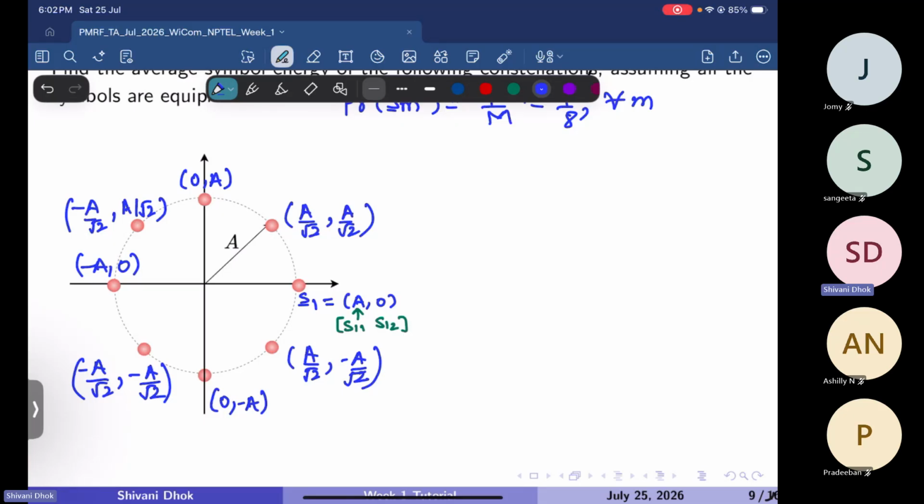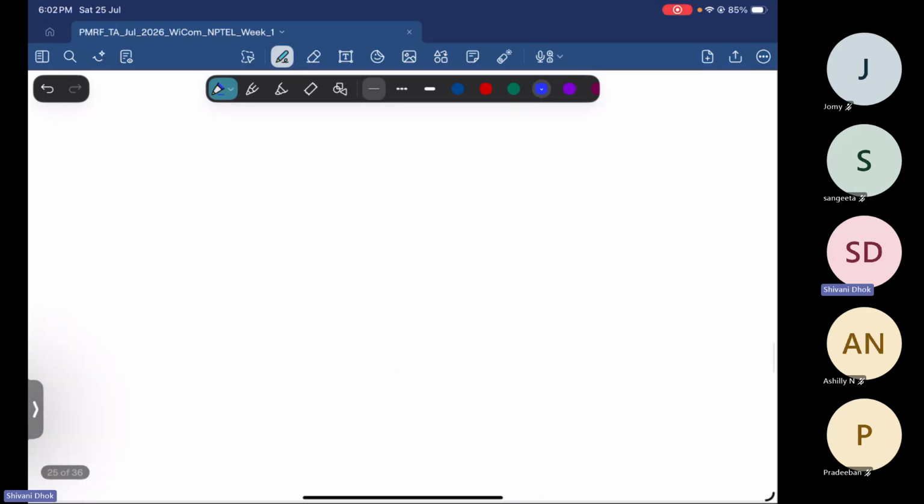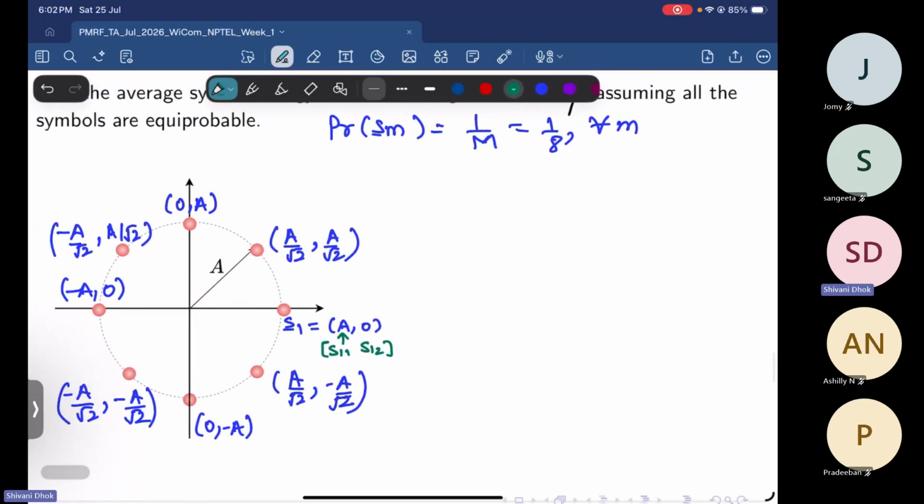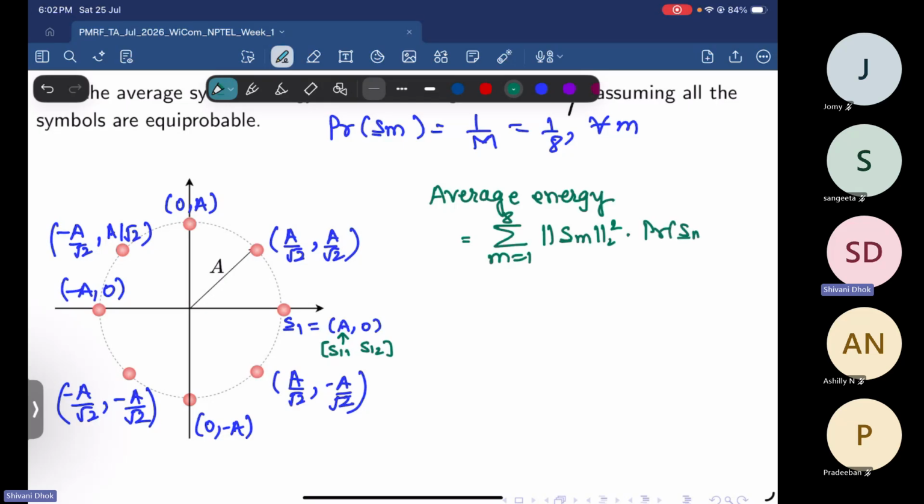So let us now apply this particular formula. Probability of average energy of constellation is this. So average energy is summation m equal to 1 to 8, and you have Sm squared into probability of the Sm.